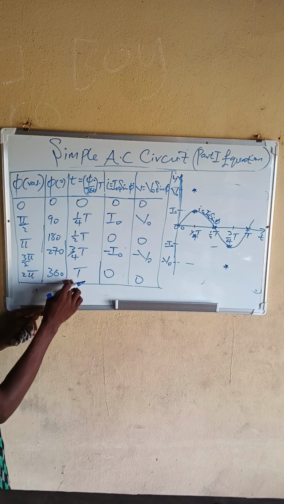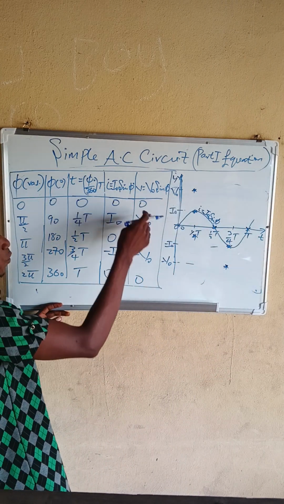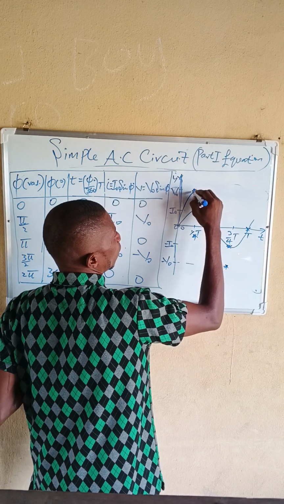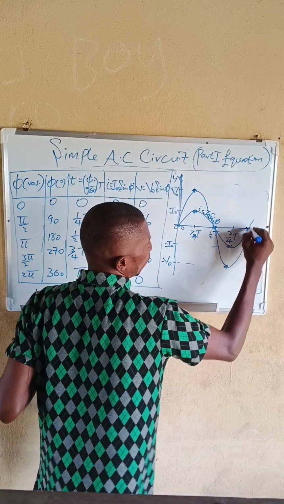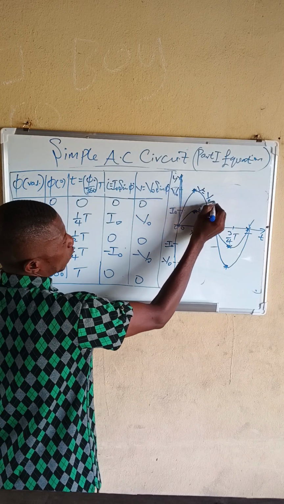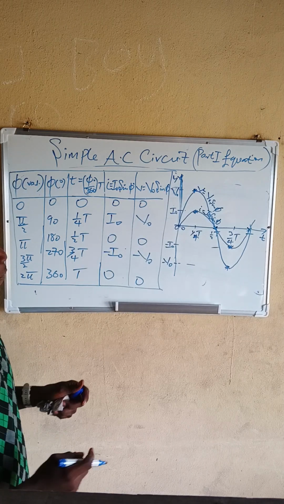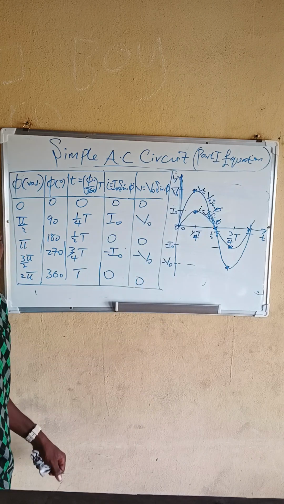Then this is 0 by this, you have it. So for this one now, you're going to have this: V equal to V naught sine phi. So this is the waveform for instantaneous current and instantaneous voltage.